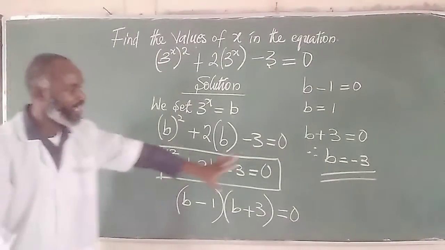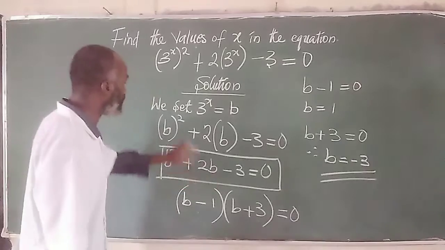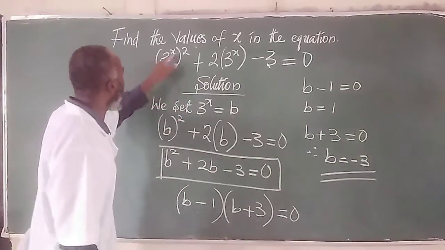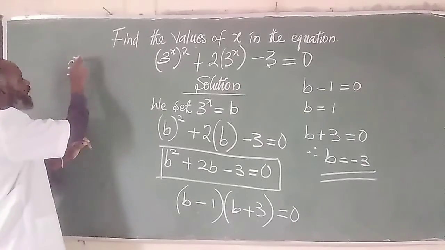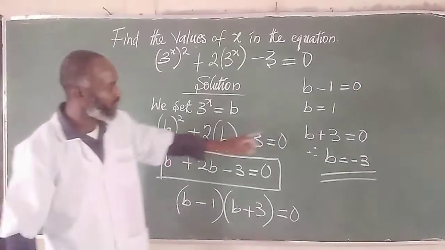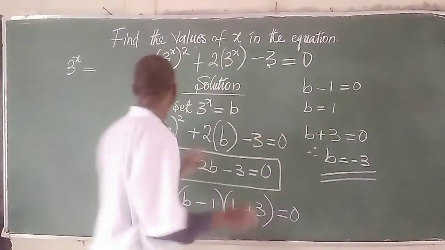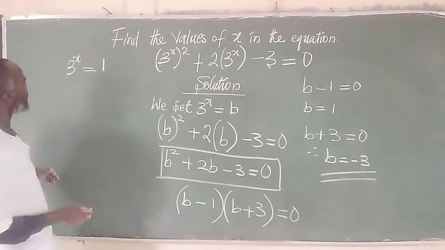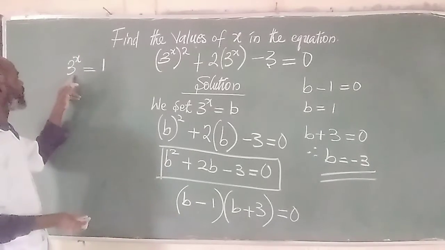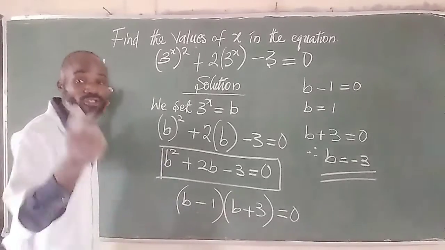So how do we find the values of x? As usual, what we've been doing before now. We set 3^x equal to the first value, which is 1. Can you see? The first value of b is 1. So we equate it to 1. What is that value of x that gives us 1? Of course, you know it's 0.